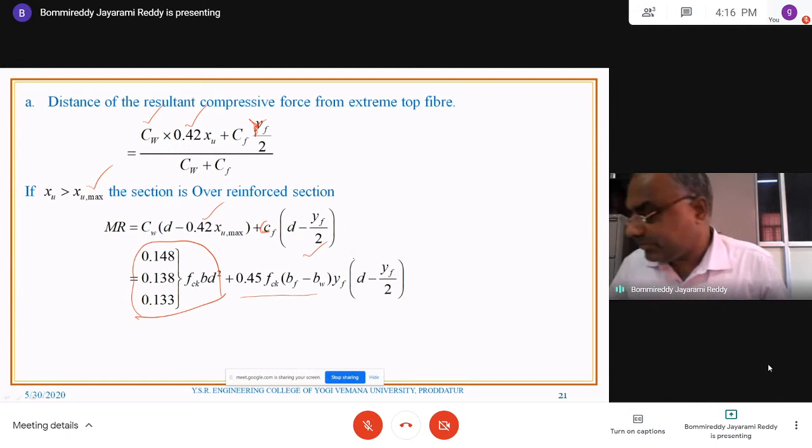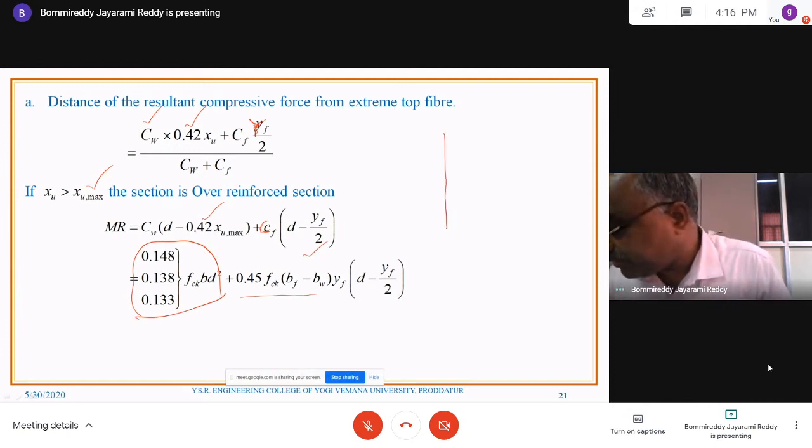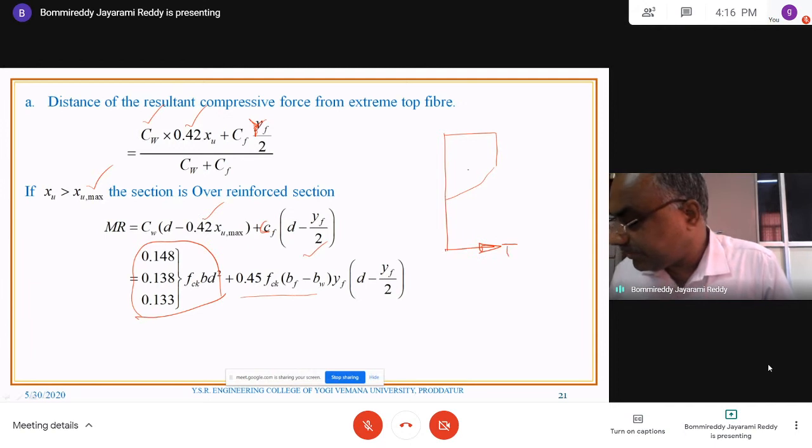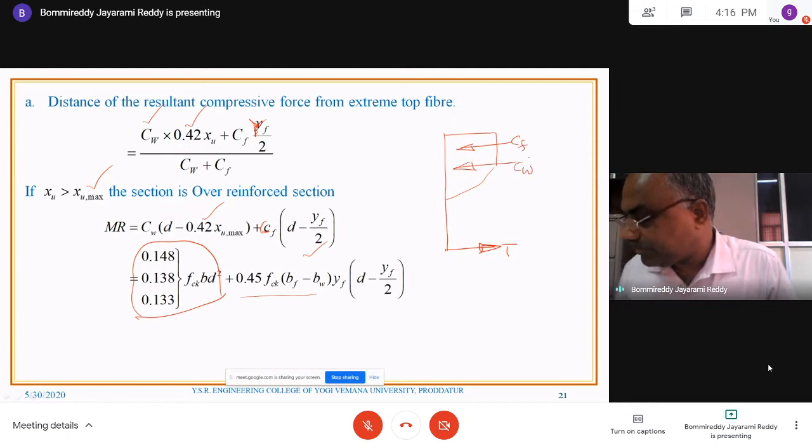So what's going to happen here is, I'm going to draw the diagram once again. So this is T, whereas here for the flange CF and for the web part CW. Now what is the distance of CF?